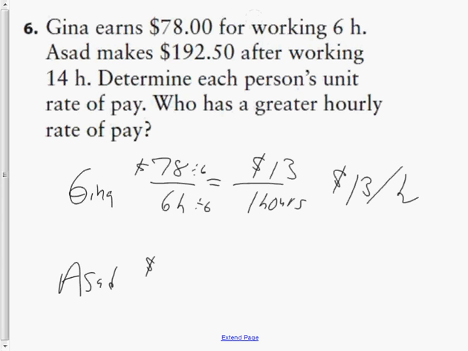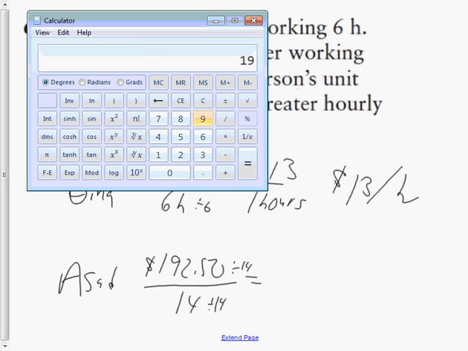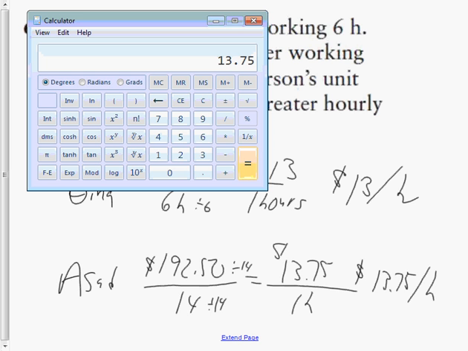And Assad would make $192.50 for 14 hours. And therefore, 192.5 divided by 14 would be Assad's hourly rate of pay, which is $13.75 per hour. So Assad makes slightly more money.